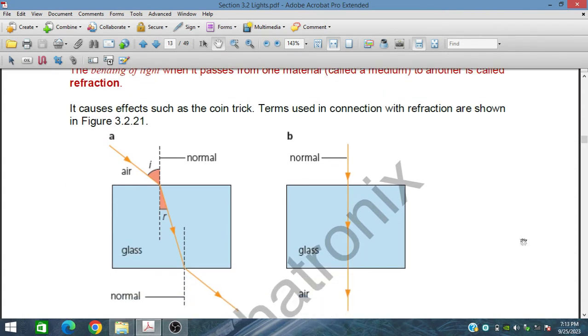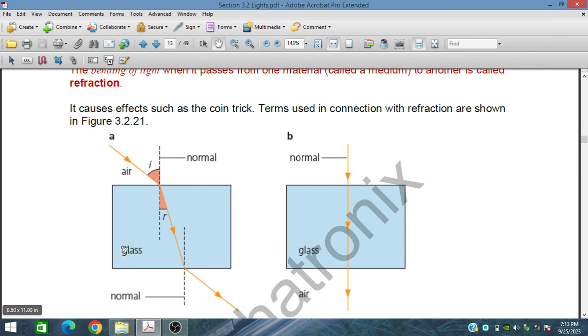3.21. So here in figure A, a ray of light is coming toward a glass slab, and from here the light enters into the glass slab. This is the normal, which is perpendicular to this surface, and the ray of light enters into the medium.